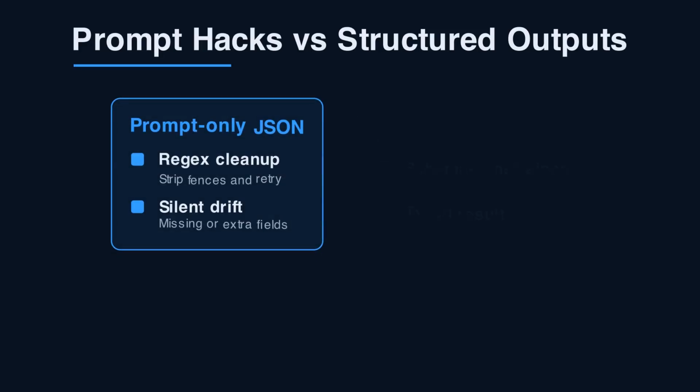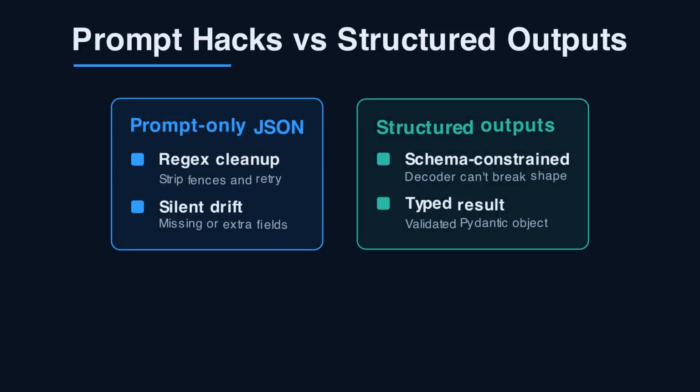First, why bother? The old approach is to beg the model in the prompt to return JSON, then hope. You still hit trailing commas, markdown fences, hallucinated fields, and the occasional apology paragraph wrapped around your data. Structured outputs flip this.